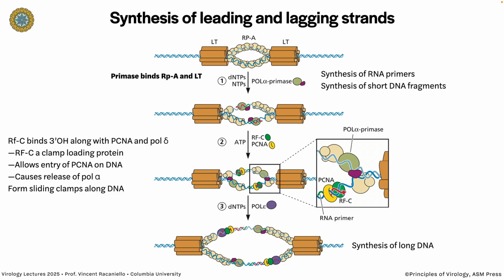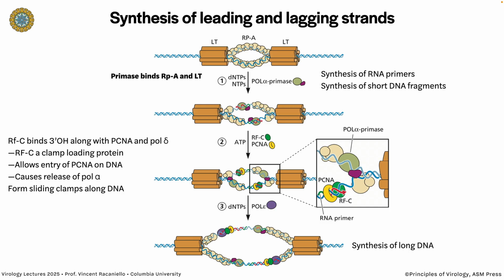Okay, and then we make longer DNA by a second protein called polymerase epsilon, which comes in and makes the longer leading strands and the lagging strands as well. There are also other proteins that come in here and are involved with keeping the strands separated, but we don't need to talk about that.